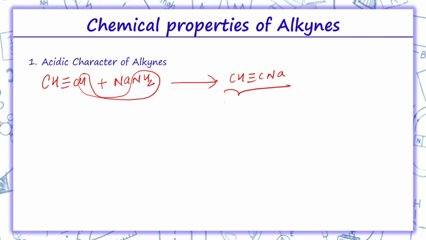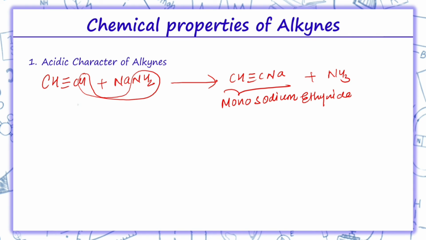and this CH triple bond CNa is known as monosodium ethynide, plus ammonia is formed. This reaction is shown by terminal alkynes only, because these terminal alkynes behave as acidic in nature.